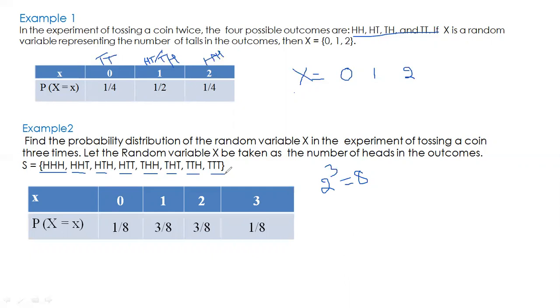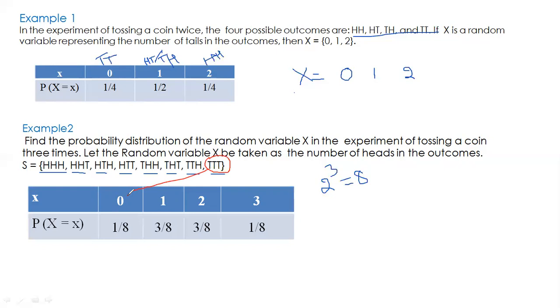In this one we have to check, let us consider x represents the number of heads. So the number of heads can be 0 heads, 1 head, 2 heads, 3 heads. Out of 8 combinations, in how many combinations are you getting 0 heads? There is only one combination, tail tail tail, where you get no heads, so the respective probability is 1 by 8.